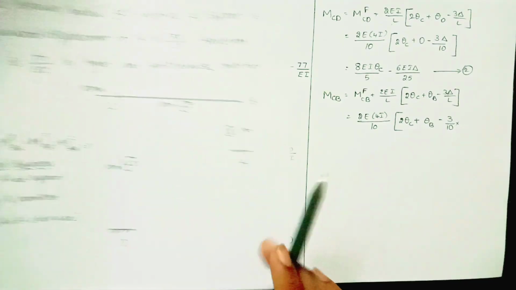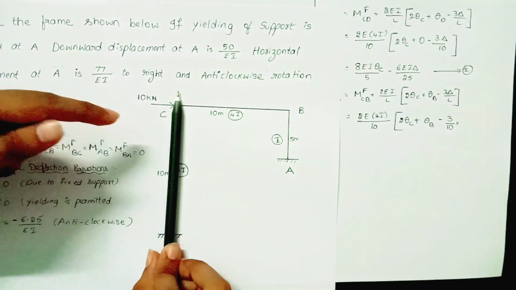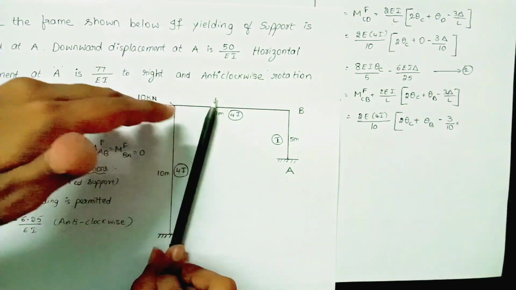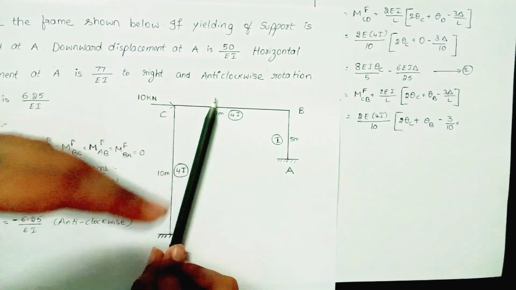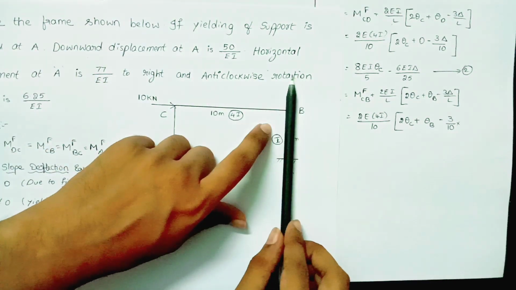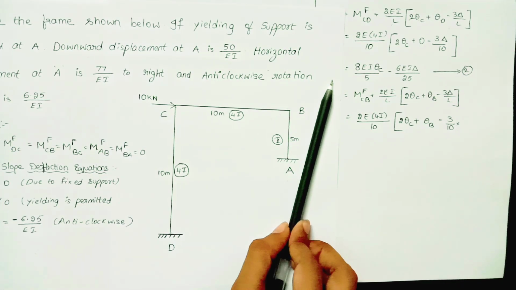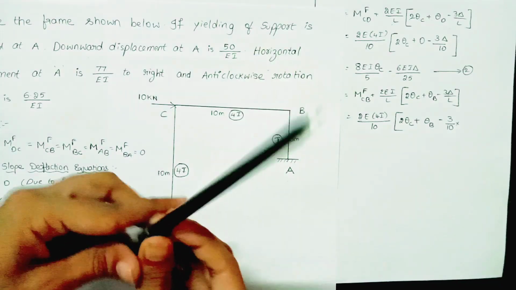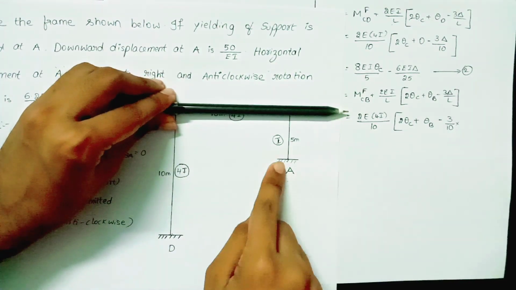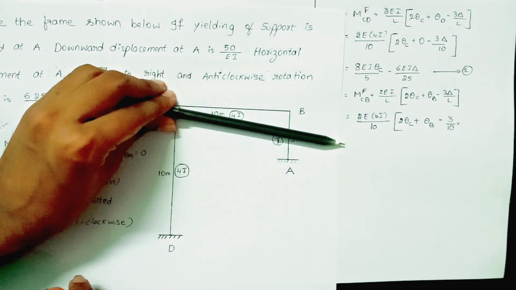If you take this column, this column deflects in horizontal direction, so we have to take horizontal displacement. If you take this column, it also deflects in horizontal direction, so we have to substitute horizontal displacement. But if you take the beam, due to the sinking of this support, this beam also deflects in downward direction.